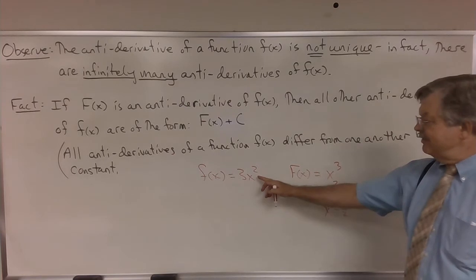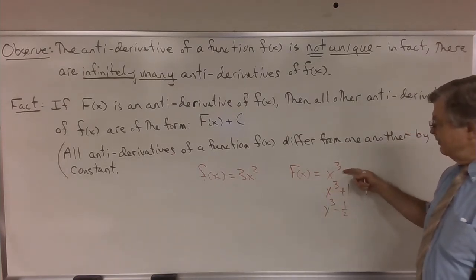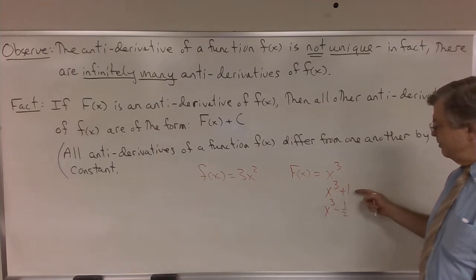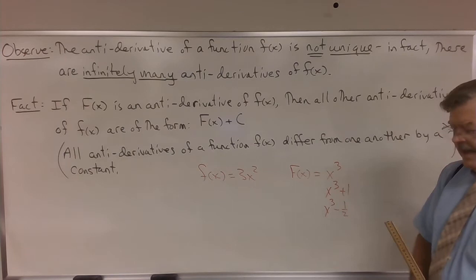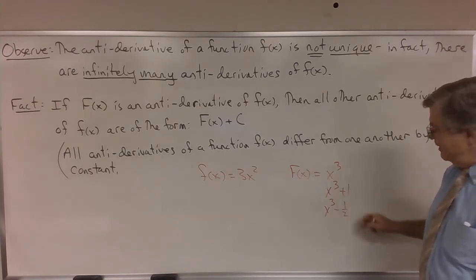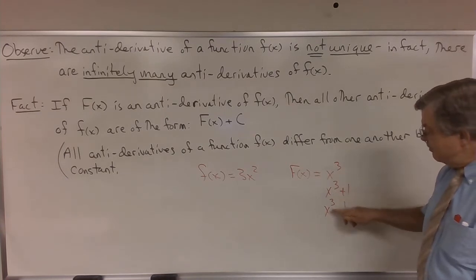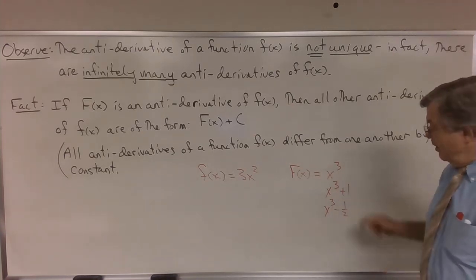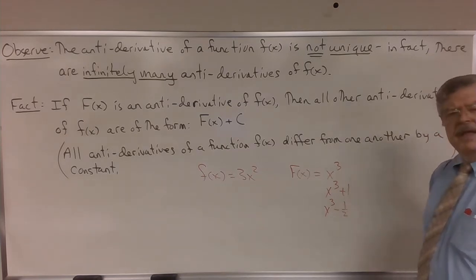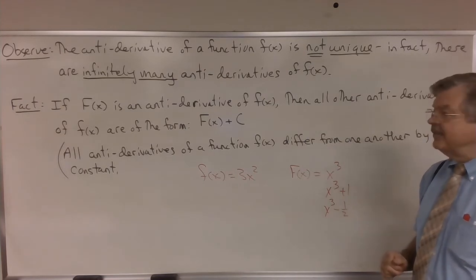All of the antiderivatives of 3x squared that we looked at were x cubed plus a constant, x cubed plus a different constant. We look at these and say, the non-constant part of the antiderivative is the same, only the constants differ, and we might wonder if that has to be the case.